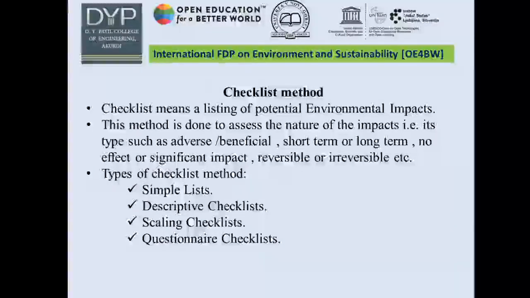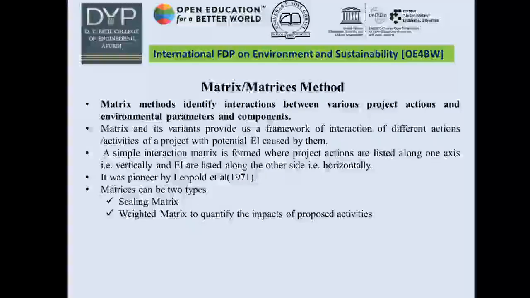Next, the matrix method, used to identify interaction between various project actions and environmental parameters and components. Matrices are similar to checklists in that they use a tabular format for presenting information, but they are more complex and can be described as a two-dimensional checklist.